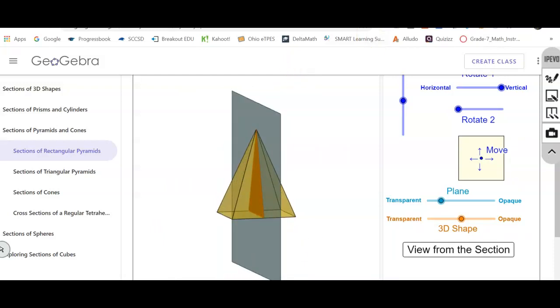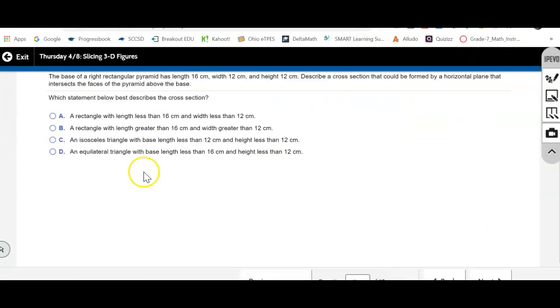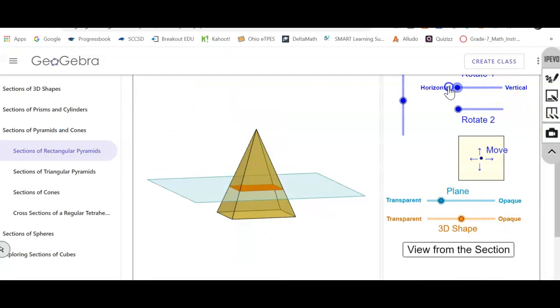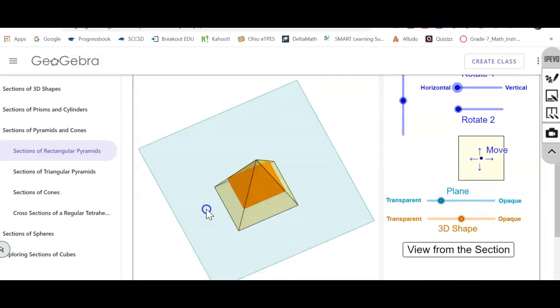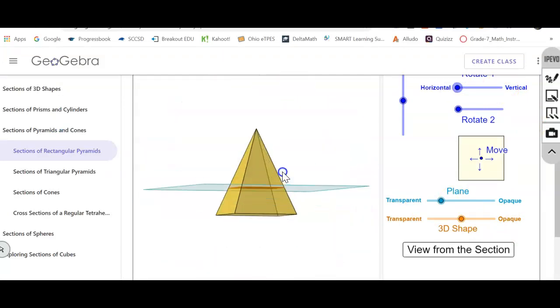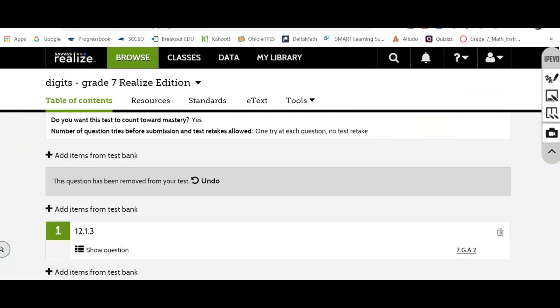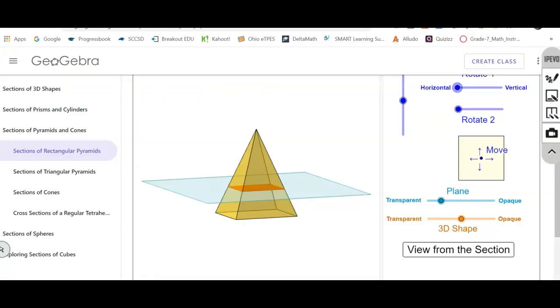And it says to slice it. It is a cross section that could be formed by a horizontal plane. So horizontal means I come up here and change it to horizontal. And then now you got a visual of what they're talking about. So feel free to use this tool to help you when they don't give you a visual.